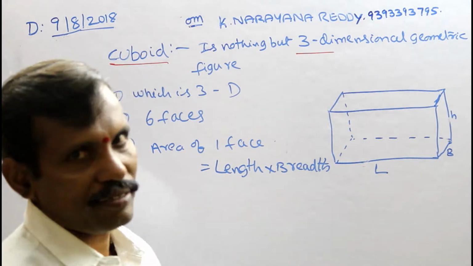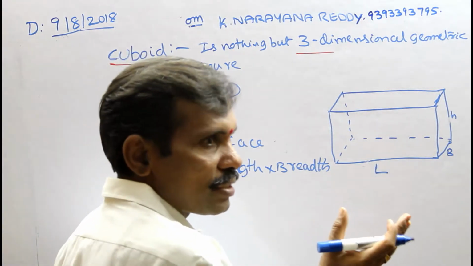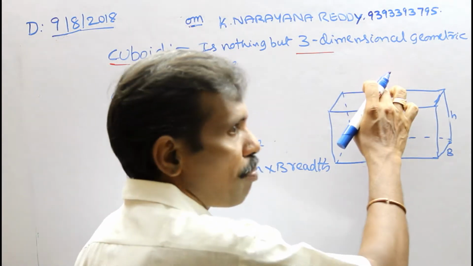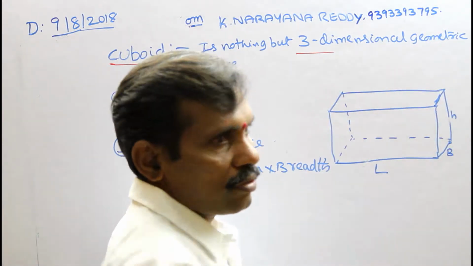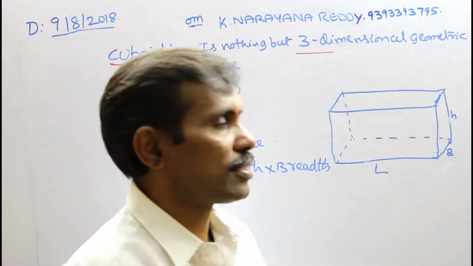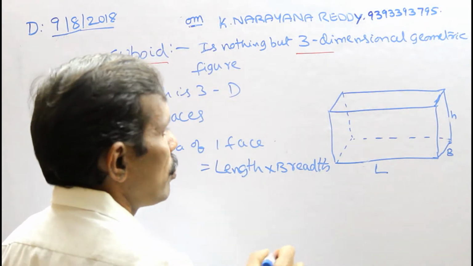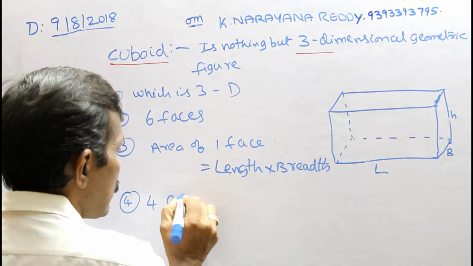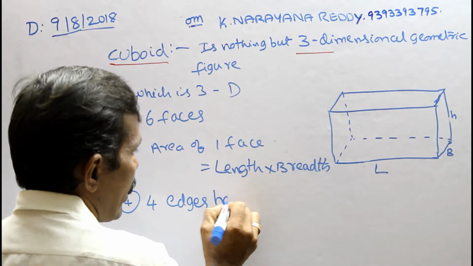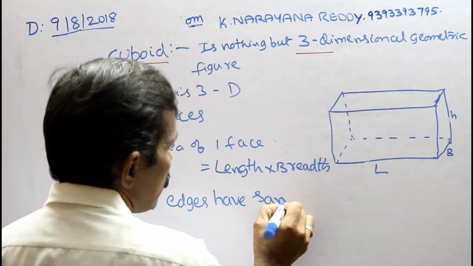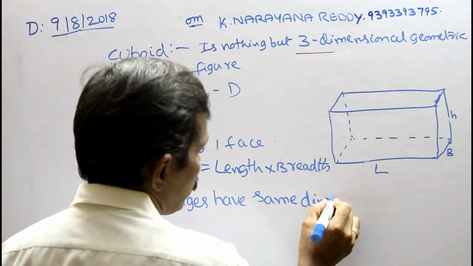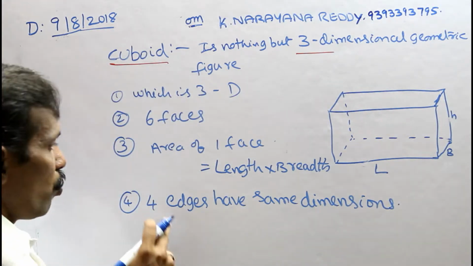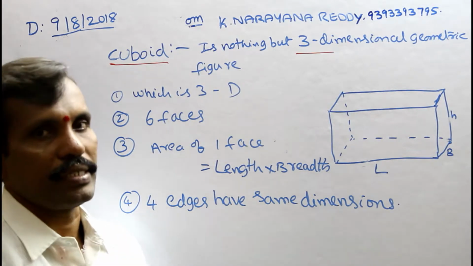Now, how many edges are there? Bottom edge, top edge, left to right. Total there are 4 edges. So 4 edges have the same dimensions.